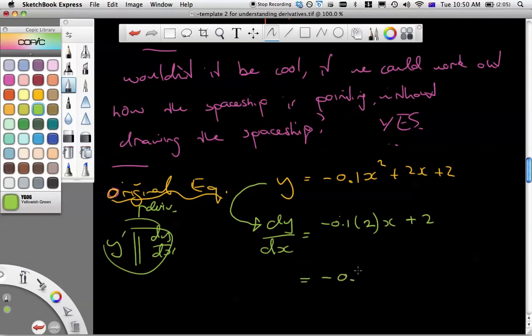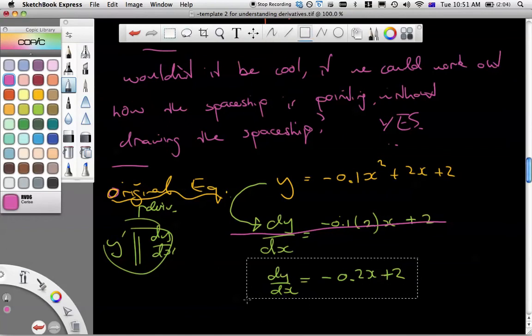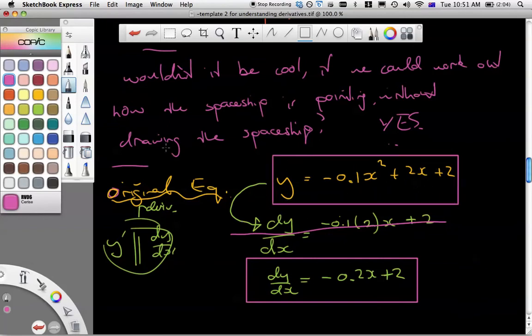Negative 0.2x plus 2. So this is our dy over dx. I'm going to cross out this line because that's just working. But this is our gradient equation, and this is our original equation.